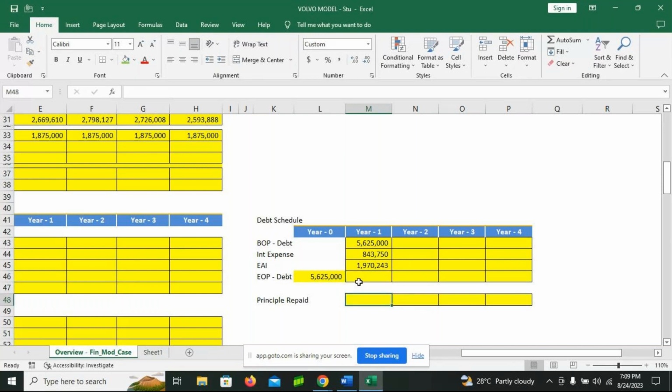So before I do this, let's calculate the principal repaid, that is M45, that is my EMI minus my interest amount.